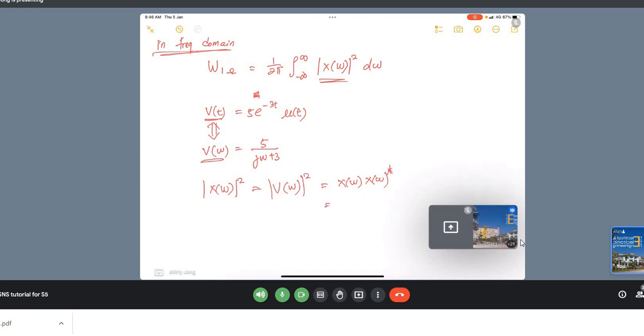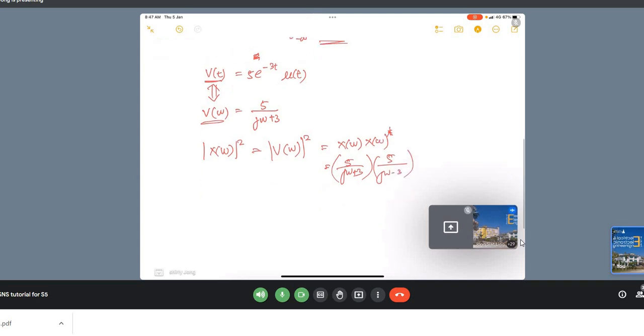So what will you get? 5 over j omega plus 3, times 5 over j omega minus 3 because of the conjugate. So we get 25 over (j omega) squared, plus minus, because minus 3 plus 3 and then minus 9.